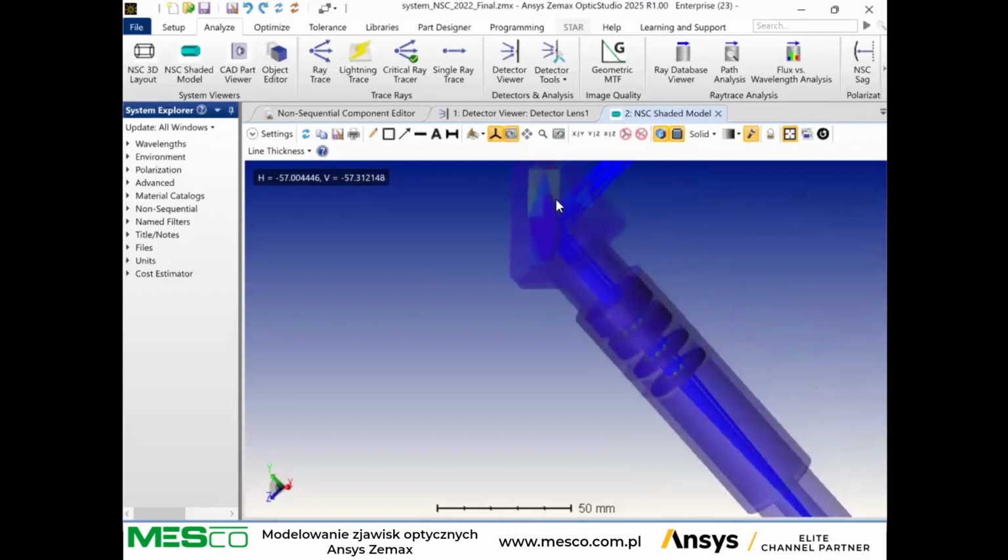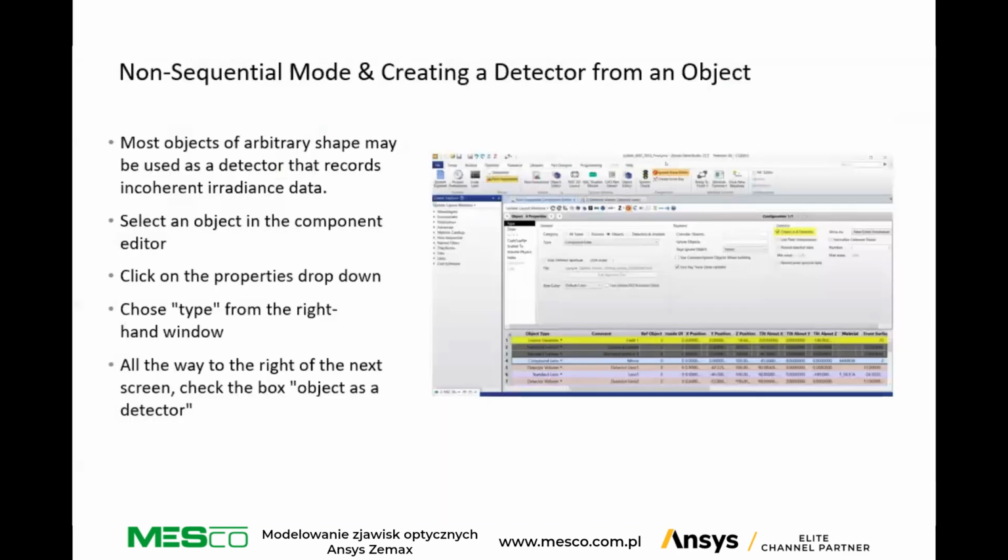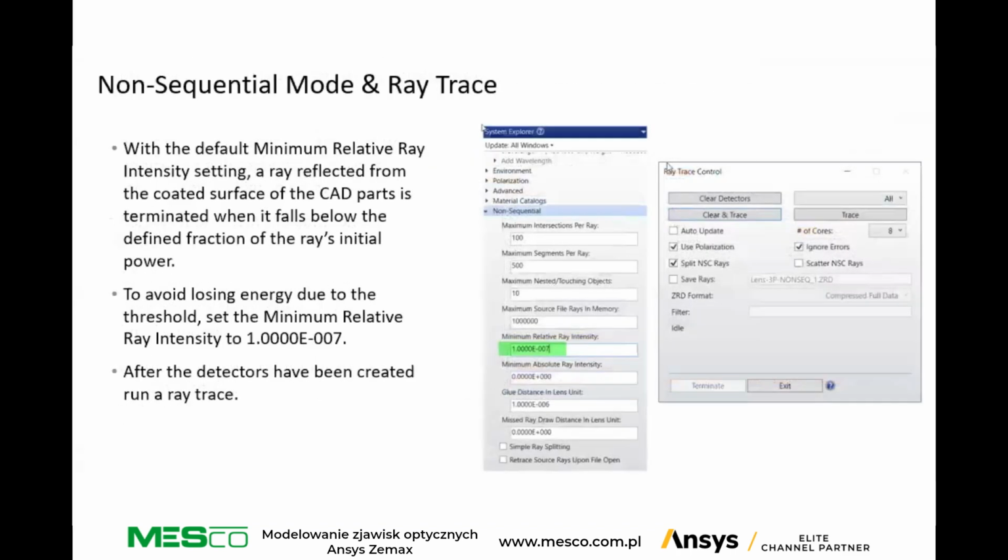We can see that some of the rays are hitting this cut part. The number of pixels that we see here is controlled in the non-sequential component editor with the draw resolution or with the number of pixels in the cut. So we have seen this.